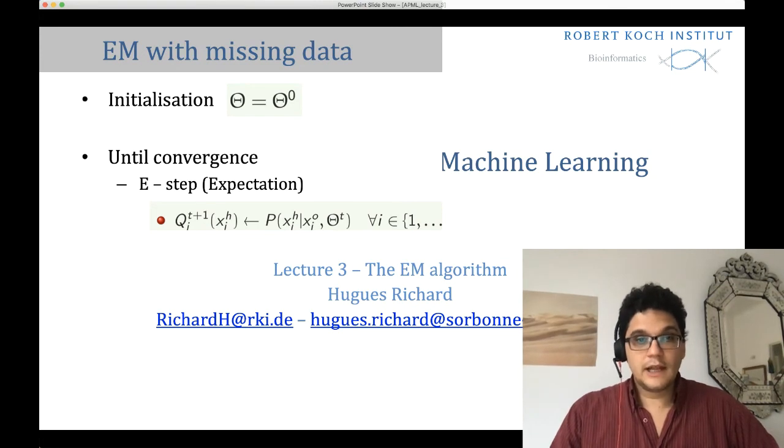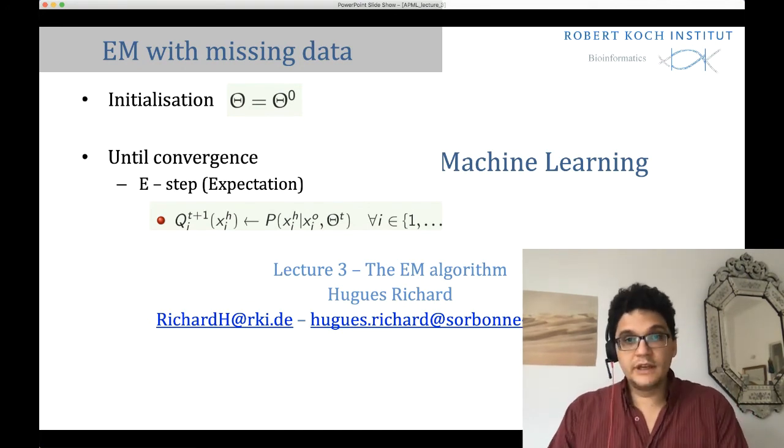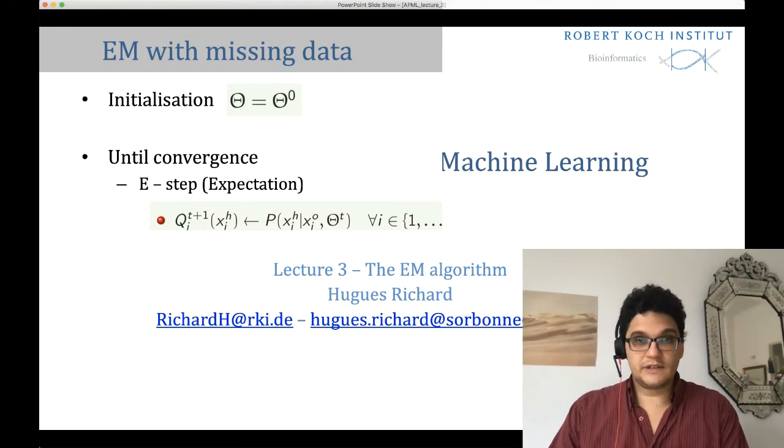And you see here, we compute a log likelihood which enumerates all possible hidden value that could occur, and each hidden value is reweighted, is factored by a term here, a q, which depends on the iteration.